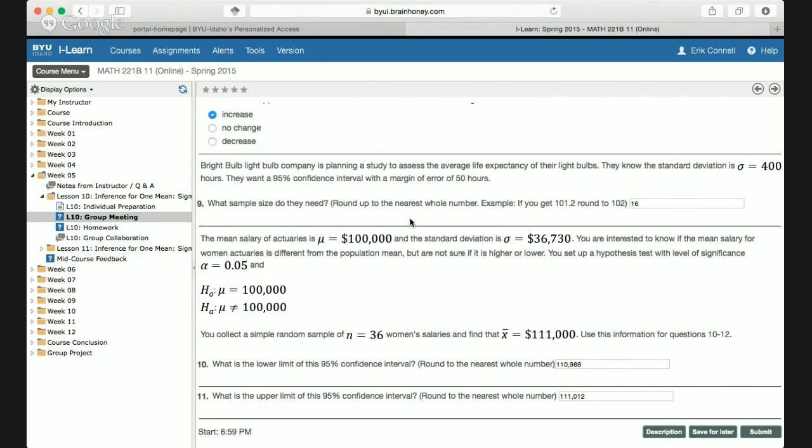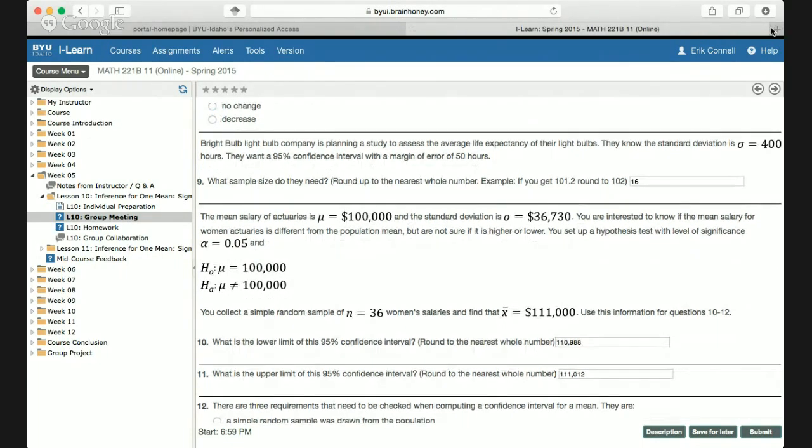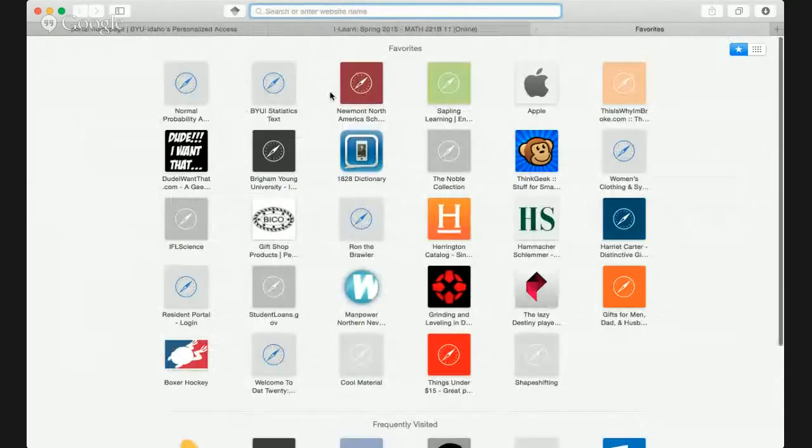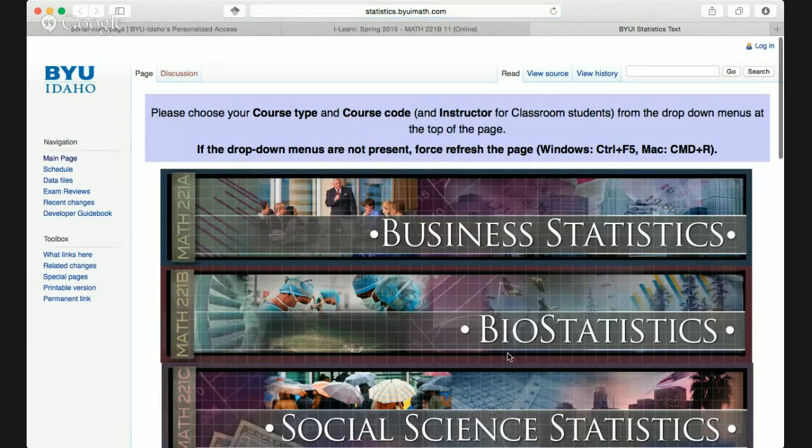The mean salary of actuaries is $100,000, and the standard deviation is 36,730. You are interested to know if the mean salary for women actuaries is different from the population mean, but are not sure if it is higher or lower.